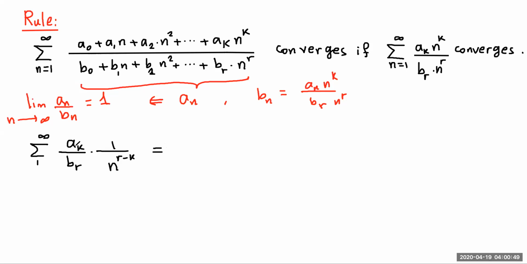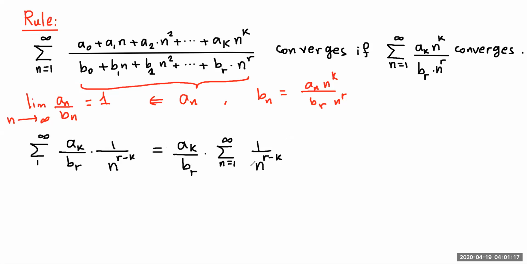So these ak and br are not related to n, they are independent of n. So we can take them outside the sigma. We can write after that sigma 1 over n power r minus k from n equal 1 to infinity.